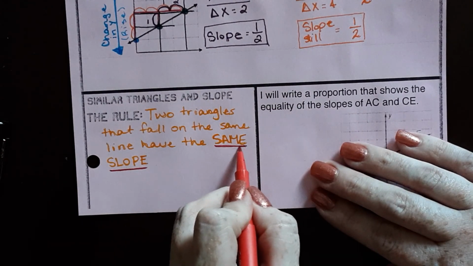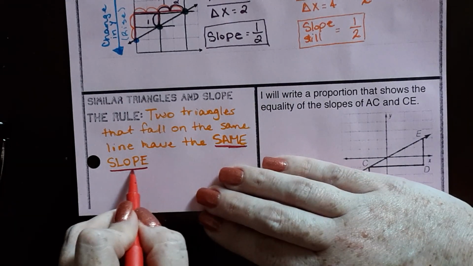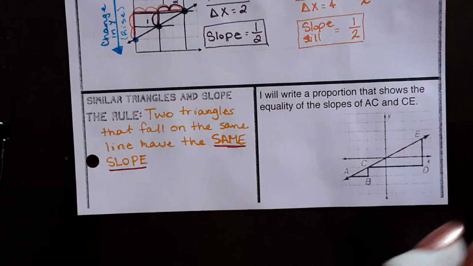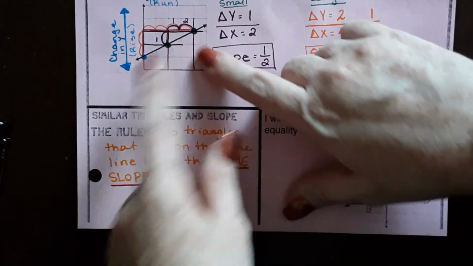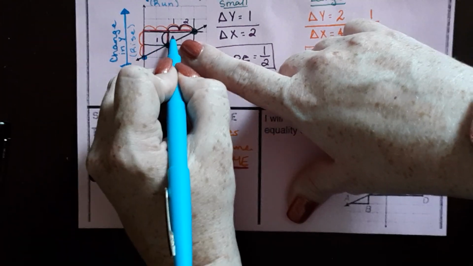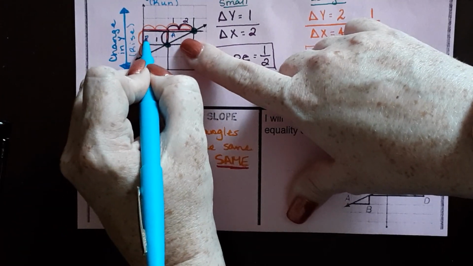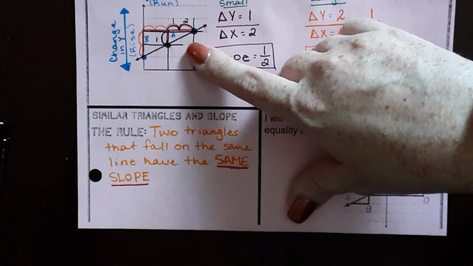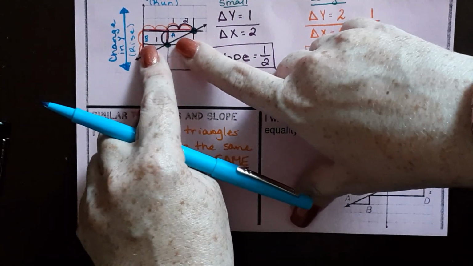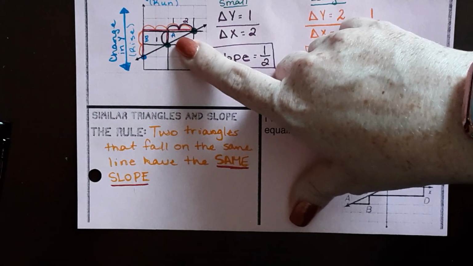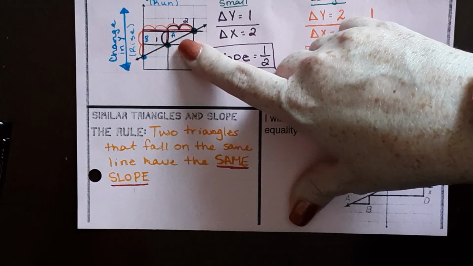So if you see a question that asks about a statement for this triangle A and this triangle B on this same line, you can say that triangle A and triangle B have the same slope because they are similar triangles.